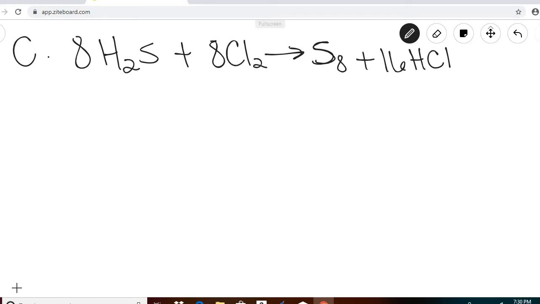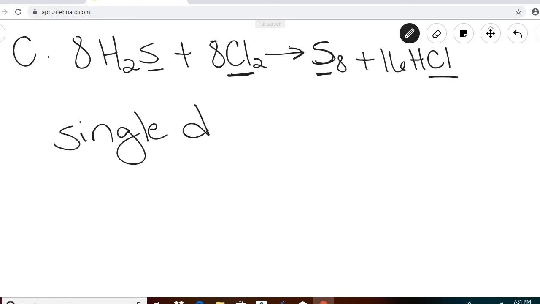So here the hydrogen was bound on the reactant side to the sulfur. Now the hydrogen is bound to the chlorine. And here the chlorine existed alone, not bound to anything, and now we have the sulfur existing alone. So basically, we just had a one-way switch. The hydrogen went with the chlorine, and the sulfur now exists as a single element. So this is a single displacement reaction.